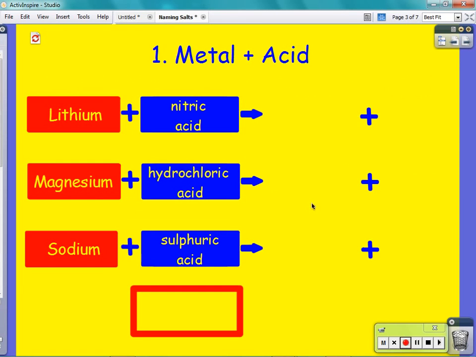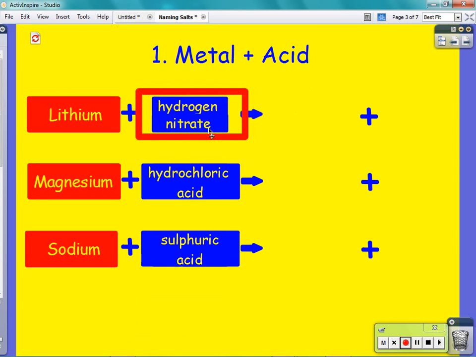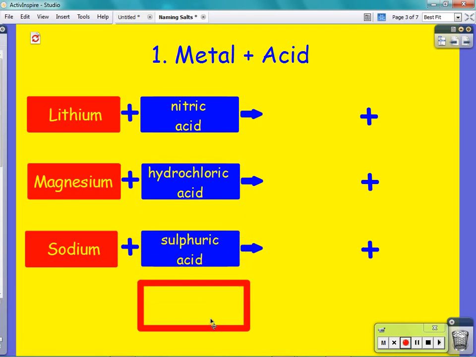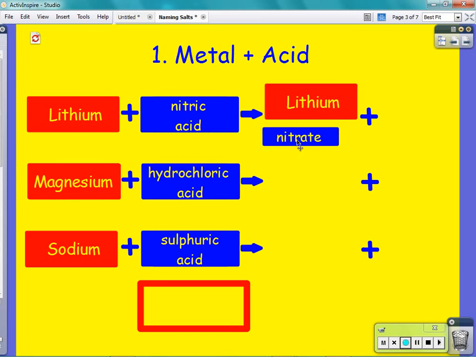So there are three different examples here, and if you remember back, nitric acid is a nitrate, hydrochloric acid is a chloride, and sulfuric acid is a sulfate. So when it comes to naming them, first of all, take the name of your metal. Lithium. Nitric acid gives you a nitrate, so your salt is called lithium nitrate.